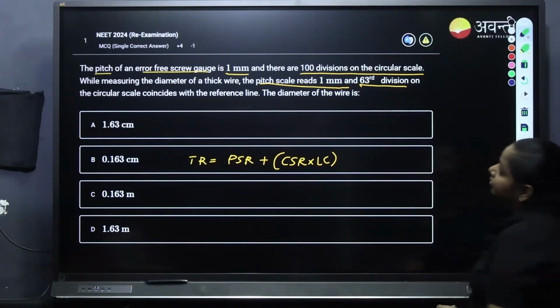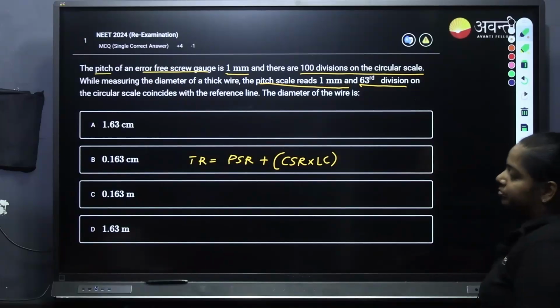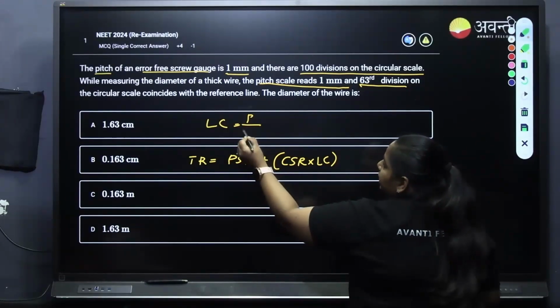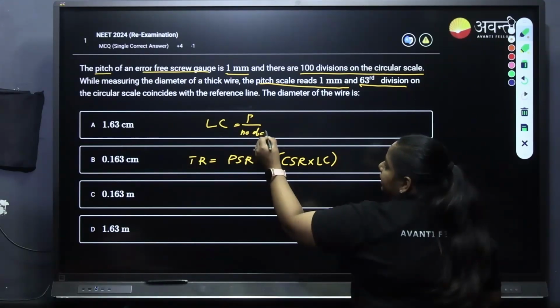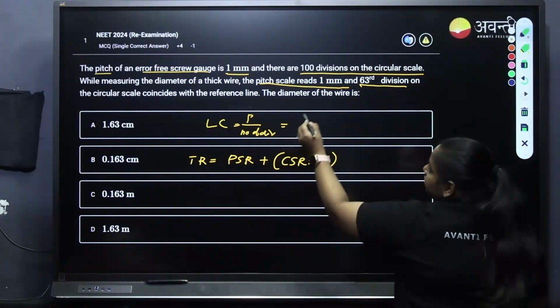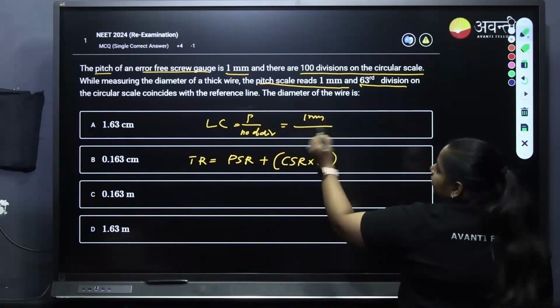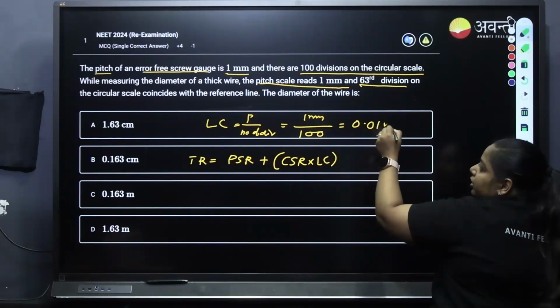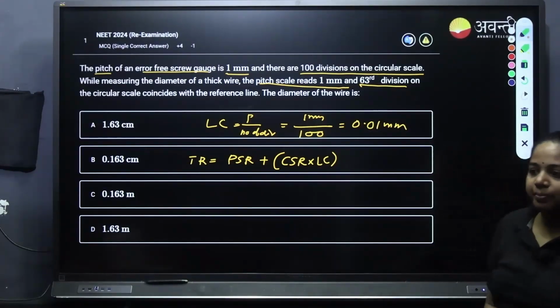What is least count? Least count equals pitch divided by number of divisions, right? So that is equal to 1 millimeter divided by 100, that is equal to 0.01 millimeter.